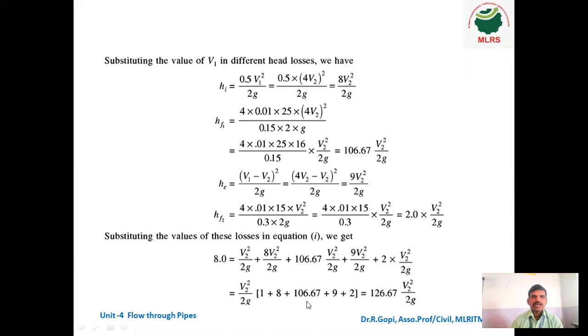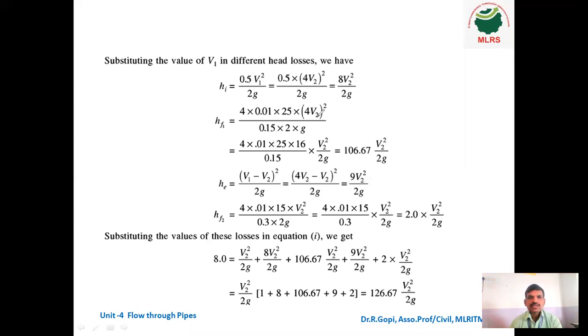Next, substituting the value of V1 in the different head losses, we have HI is equal to 0.5 V1 square divided by 2G. So 0.5 into 4 V2 square divided by 2G. We got 8 V2 square divided by 2G. Next, HF1 is 4 into 0.01, this is F, into L, for the first pipe length is 25 meter, into V1.